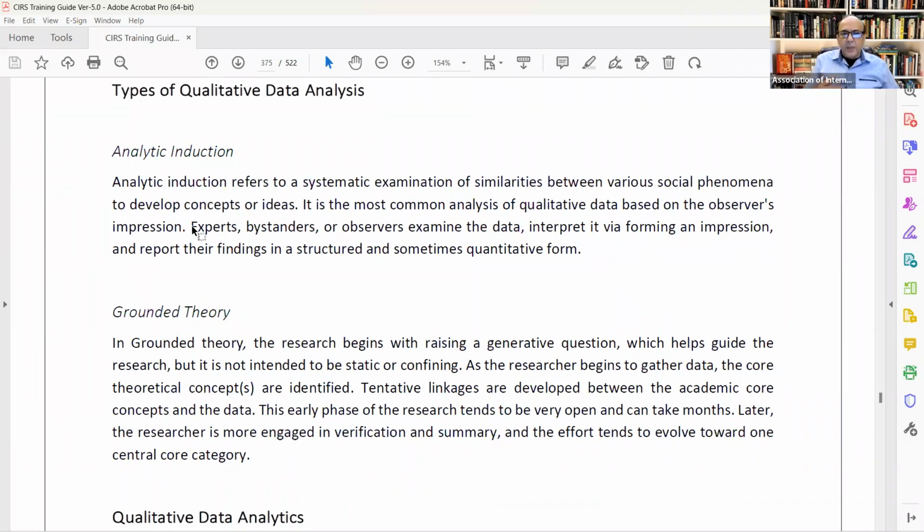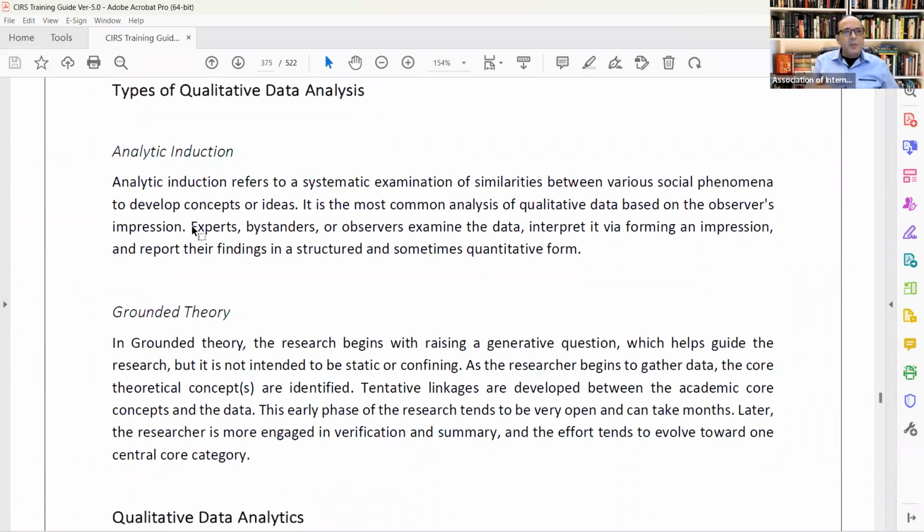But it is based on observations. A lot of times it is not quantitative data that you can collect, but rather ideas that can be translated into something more meaningful, either through quantifying it or building a relationship or building something that says frequency of such and such thing happening so many times. So that is analytic induction.